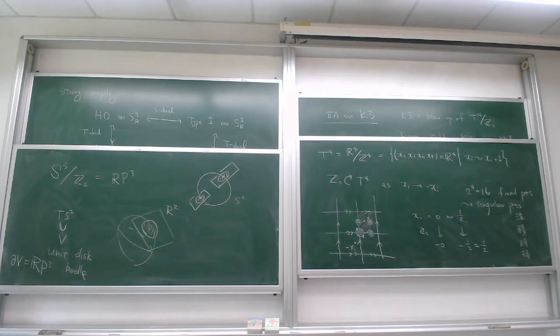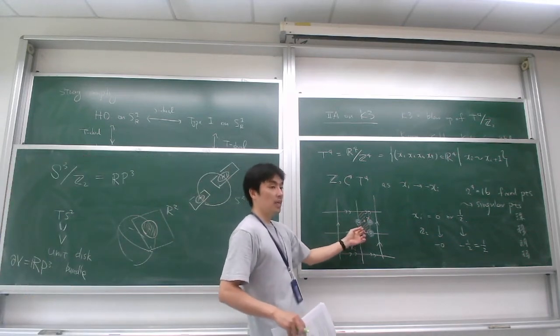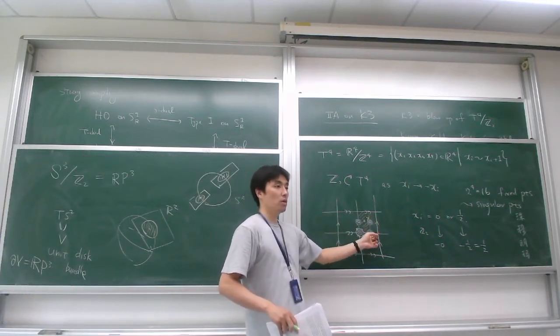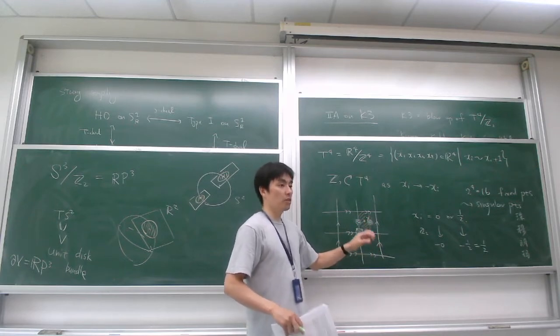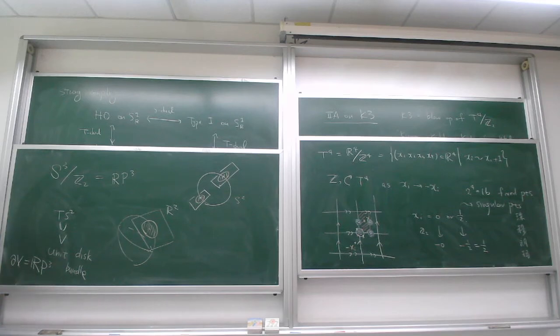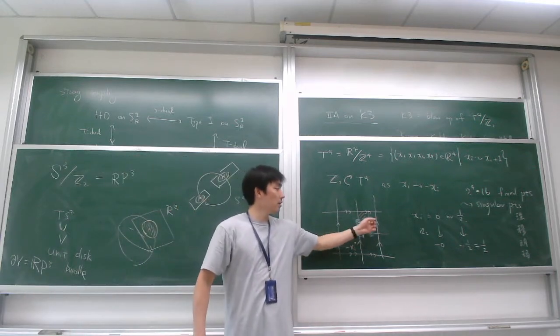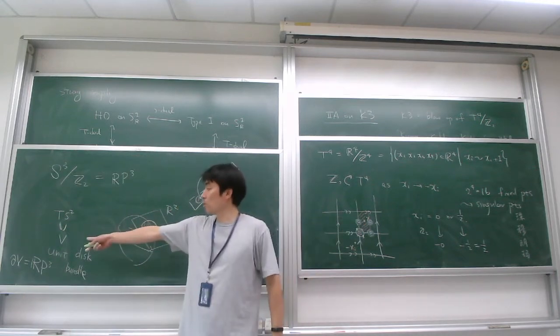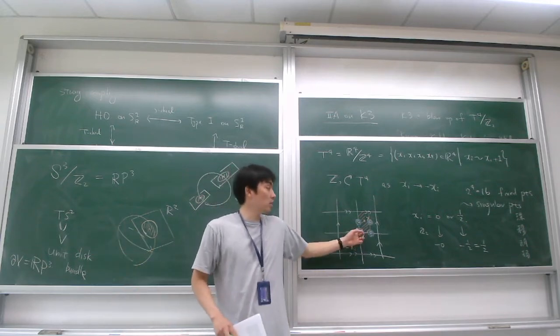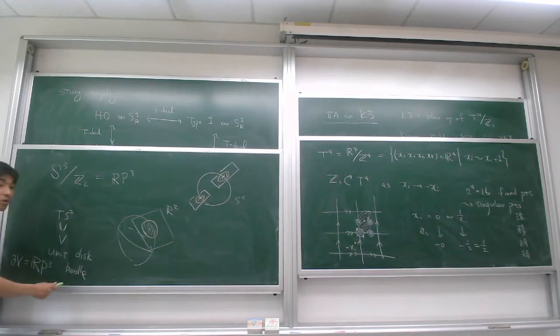So we can now fit this V inside of this blue circle. At the boundary you have RP3. So you can identify the boundary of V with RP3 and fill in what you got rid of with this unit disk bundle. And indeed, this unit disk bundle is smooth. Okay? There is no singularity.